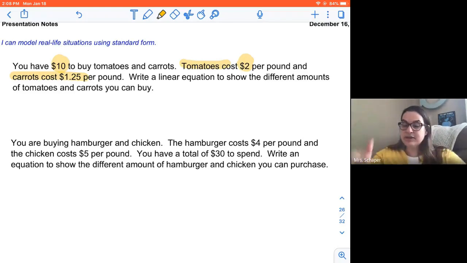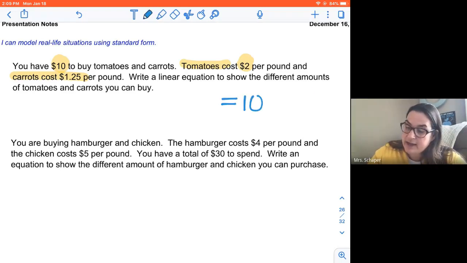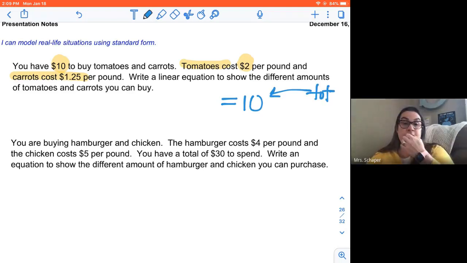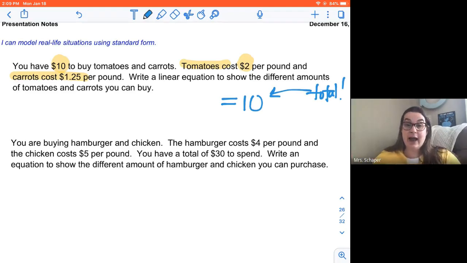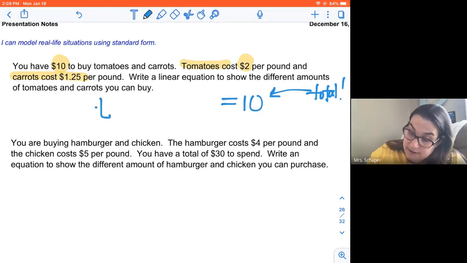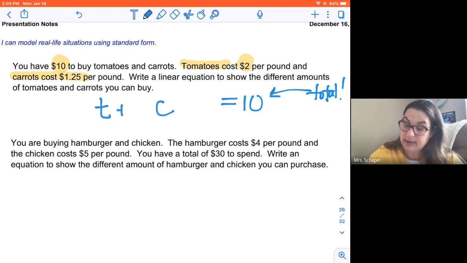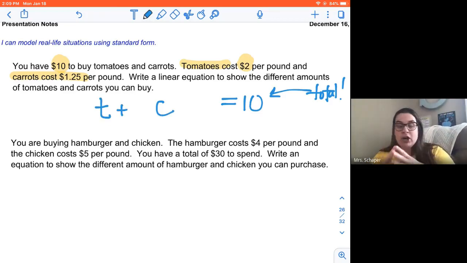Okay, so I'm going to start it out. $10 is my total, so that's what's going to go right here. Now, what am I going to add? I'm going to be adding tomatoes and carrots together to get my $10.